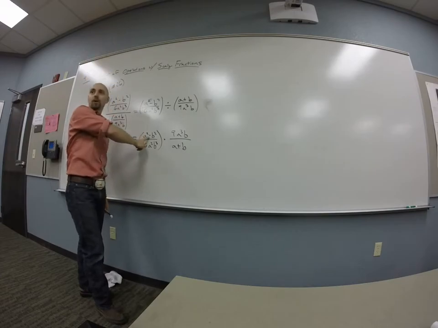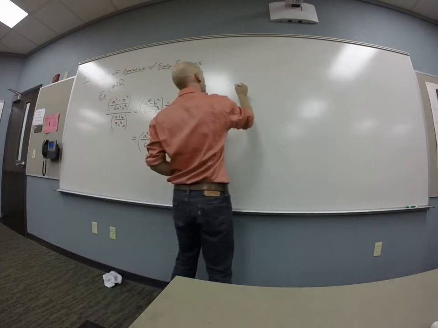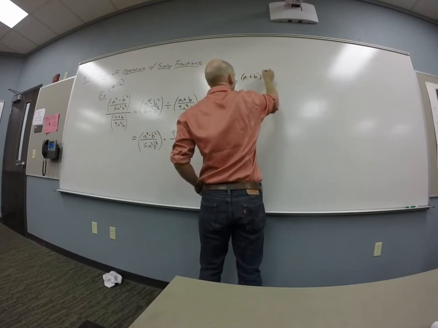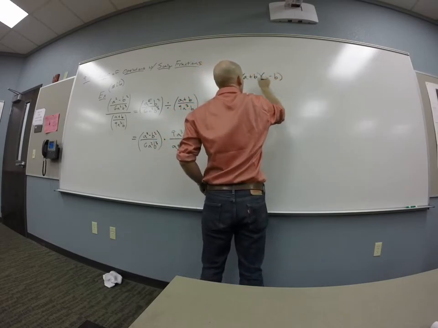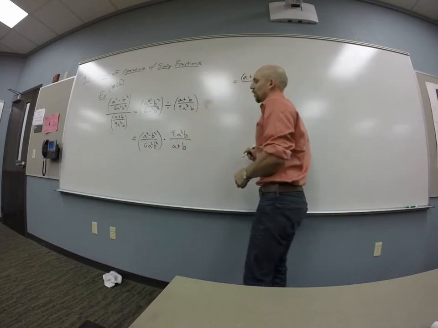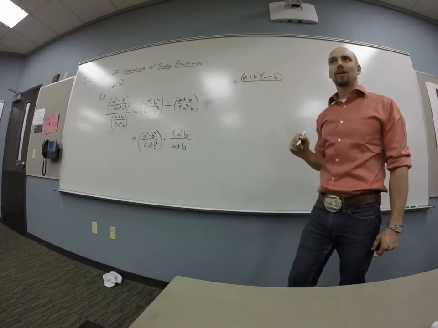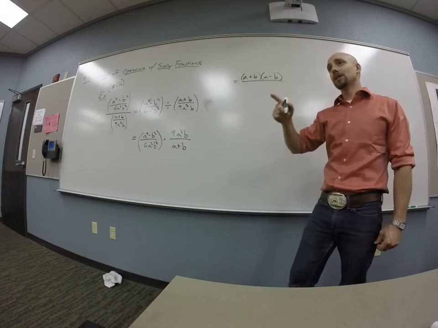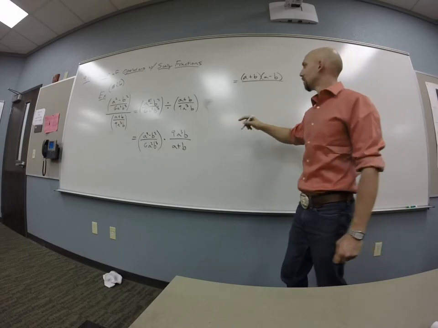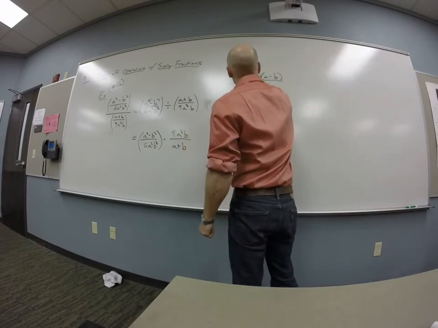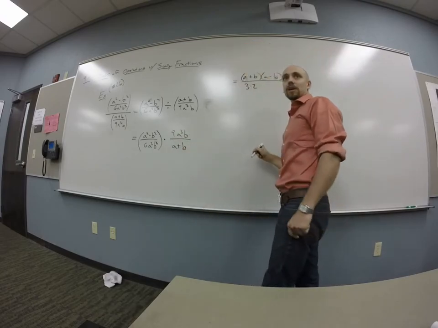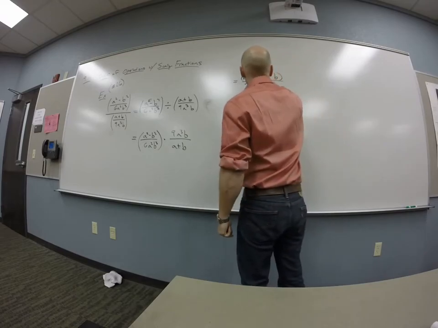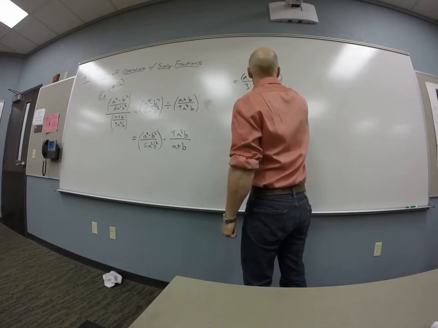Yeah, there's a difference of squares. Perfect. So I get a plus b times a minus b. Good. Now we're over what? What's on the bottom there? Yeah, I'm going to be able to cancel some of this 6a squared b. I'm going to write it this way: there's a 3 times a 2, that's my 6, then there's a squared b cubed.